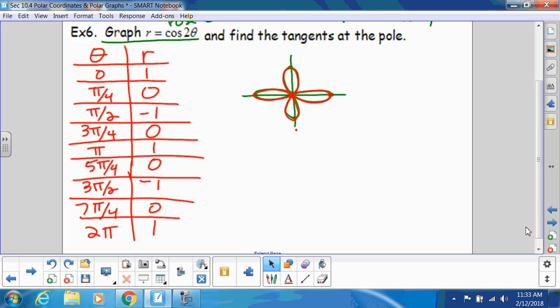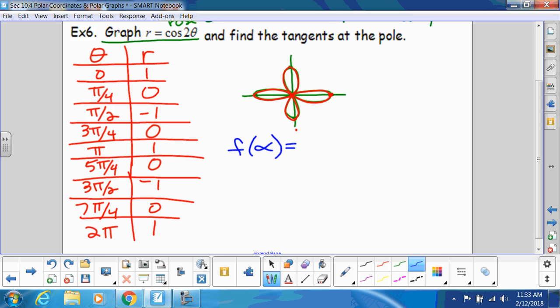Okay, so we know what it looks like. That's our graph. Now we want to find the tangents at the pole. So we want f of alpha to equal 0. Remember, f of alpha is the same thing as r, and r is equal to cosine of 2 theta. So we want to set that equal to 0, so our radius is equal to 0.